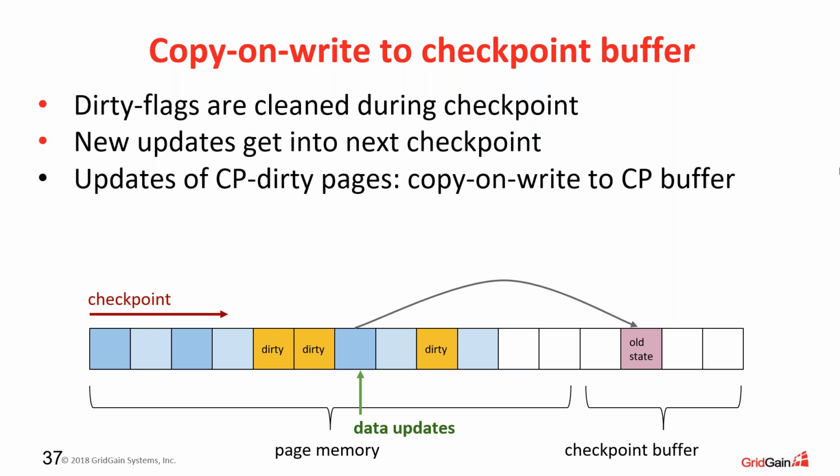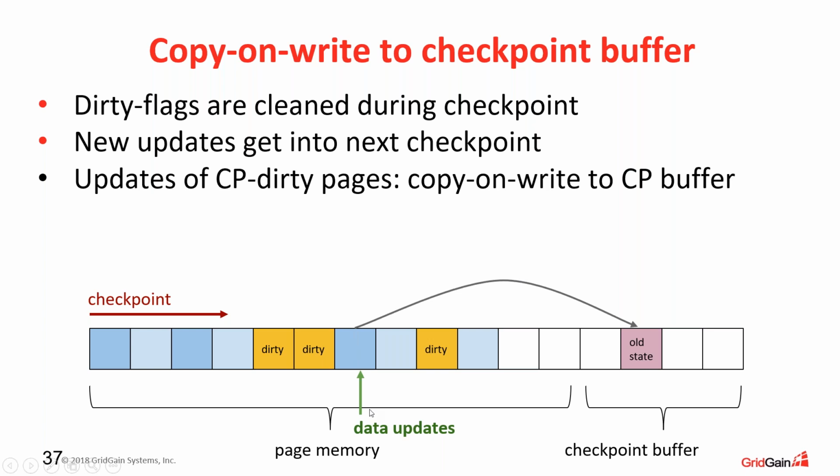But it's not mandatory. There's a throttling mechanism that prevents checkpoint buffer from overflow. So when user transaction comes and it understands that it has to modify a dirty page that wasn't checkpointed yet, it just copies its old state into the checkpoint buffer.